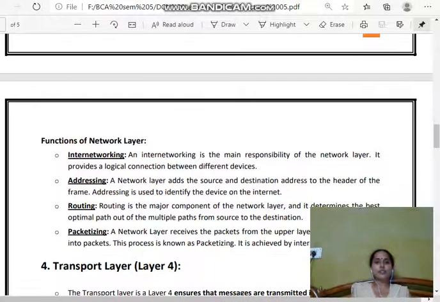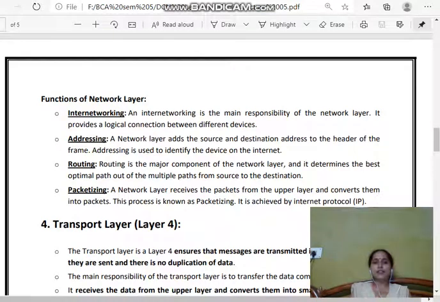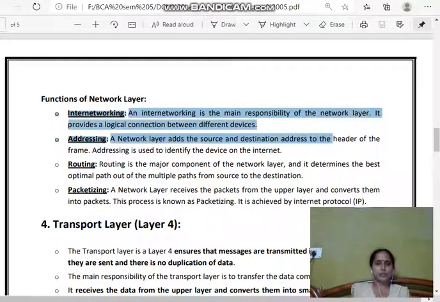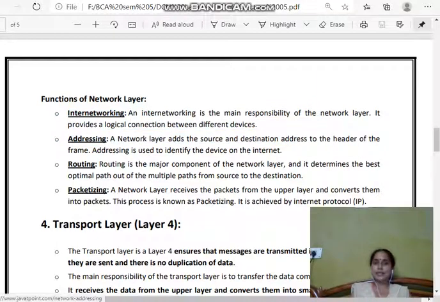Coming on to functions of network layer. Now, as a function of network layer, we talk about internetworking. Internetworking is the main responsibility of network layer. It provides logical connection, addressing. I said logical addresses are here, in the header of source and destination. Routing, I always tell you that routing is the major component of network layer. It determines the best optimal path out of multiple paths from source to destination.